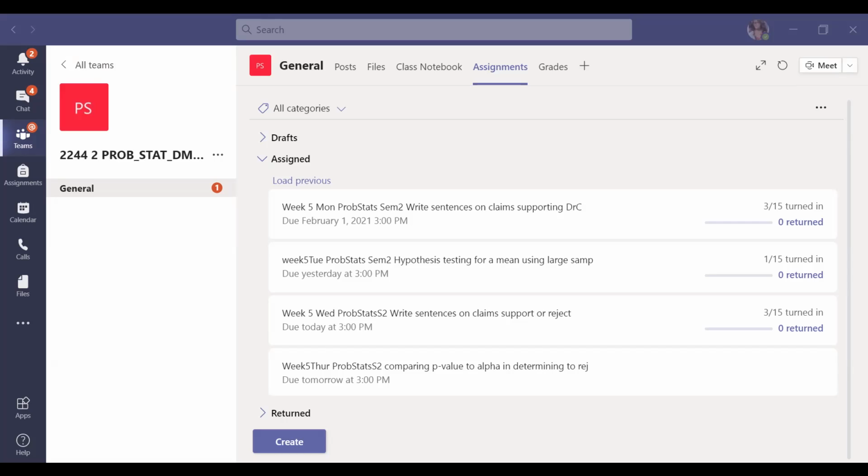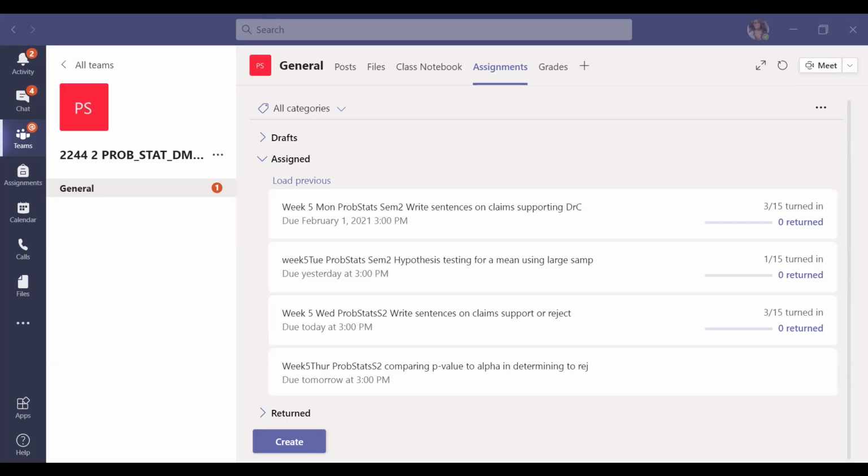So for number 4, here is my alpha. Here is where the score is, negative 2.59. And I want to look for this region right here. So if my z-score is a negative 2.59, what is my p-score? Well, let's take a look at this.